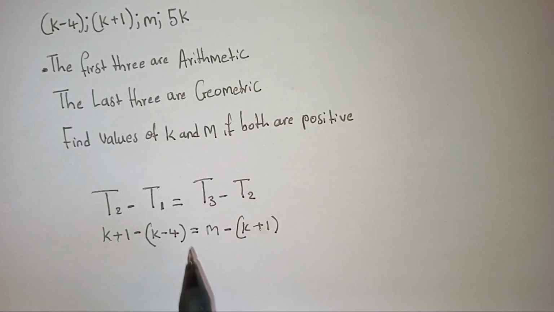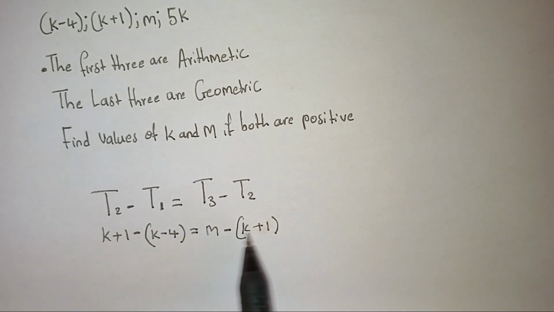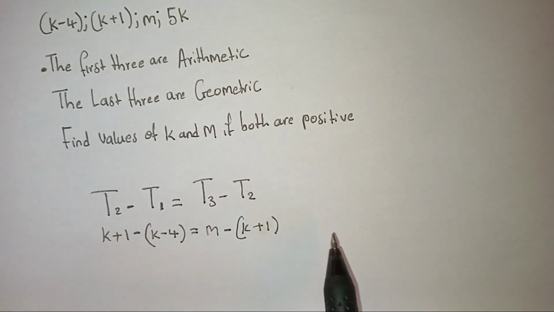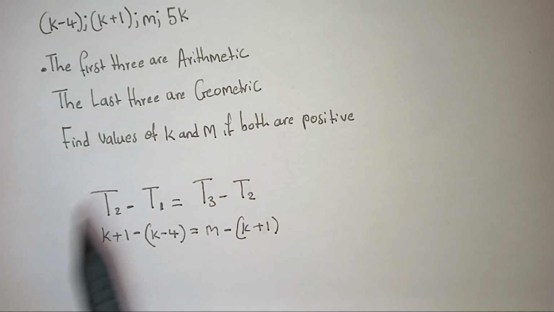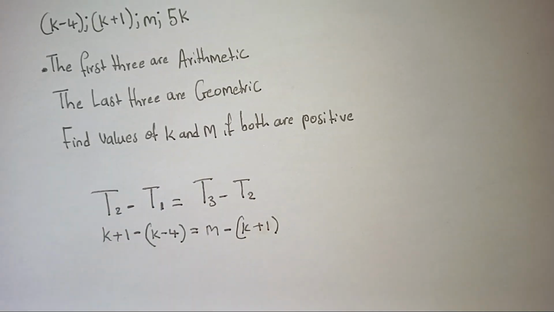Why is the right hand side equal to the left hand side? Because the right hand side gives a common difference, and that common difference will be the same as the one on the left hand side. So it makes both sides equal.